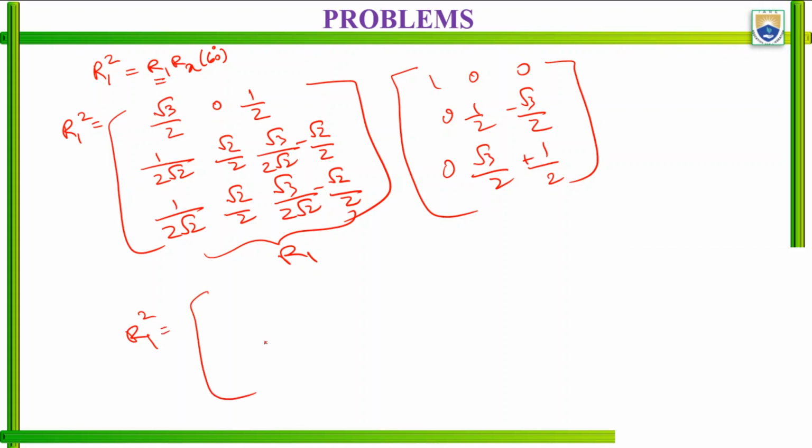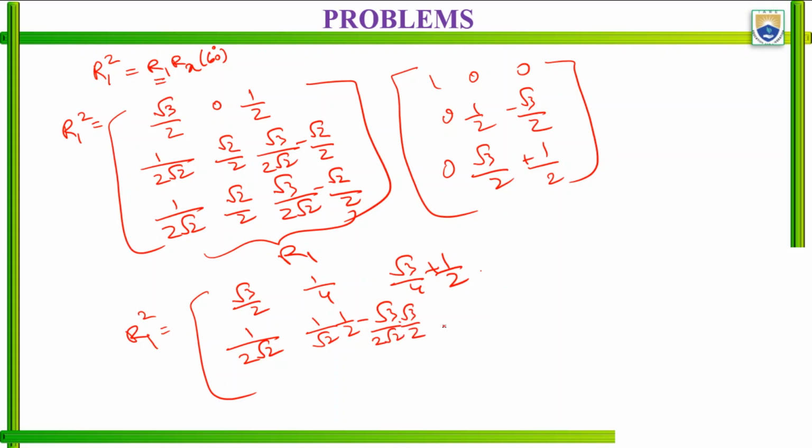R1 square is equal to root 3 by 2 into 1 by 4 and root 3 by 4 plus 1 by 2. When we are multiplying, what are we getting? Root 3 by 2 into 1 by 4 to root 3 by 2 plus 1 by 2. Now this one is 1 by 2 root 2: 1 by root 2 into 1 by 2 minus root 3 by 2 root 2 into root 3 by 2.